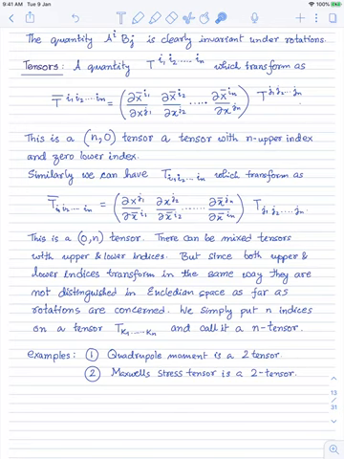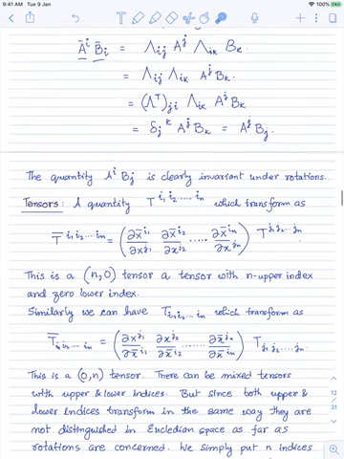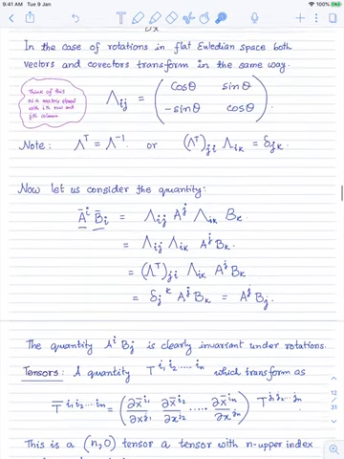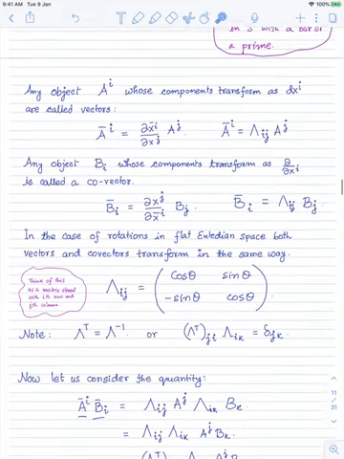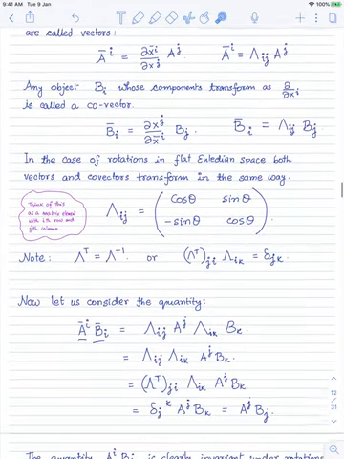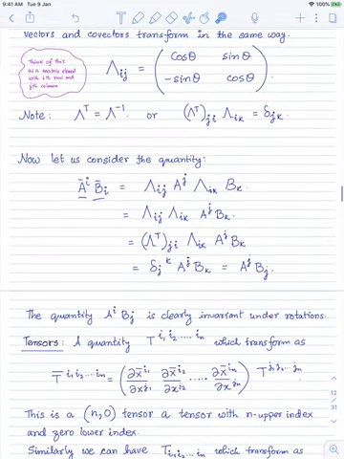So this was more or less the definition of vector, covector, tensor. As far as the rotation group is concerned, when you do group theory in your next semester or higher studies, you will see that these vectors and tensors are essentially so-called representations of the rotation group, whatever the rotation group is in any dimension that you're talking about.